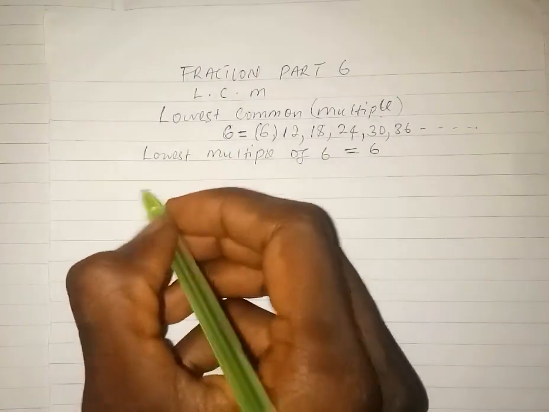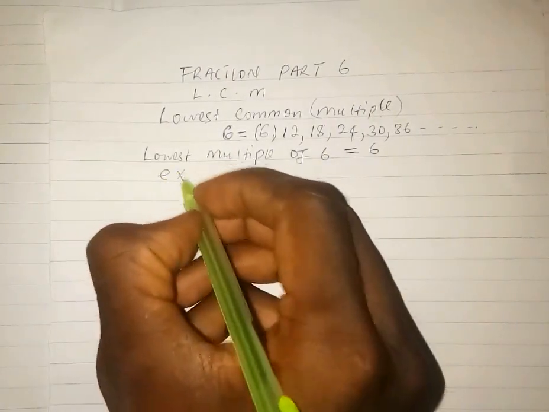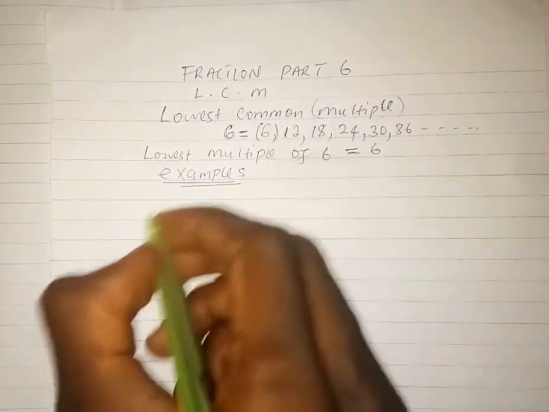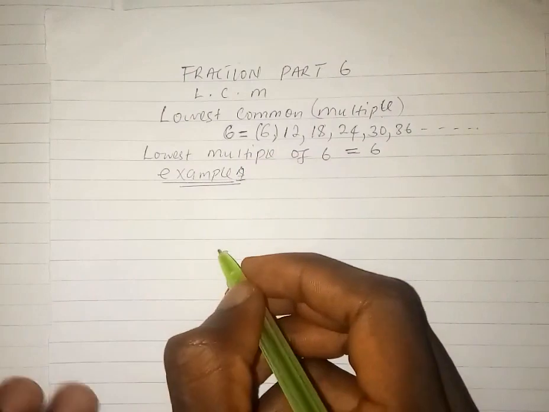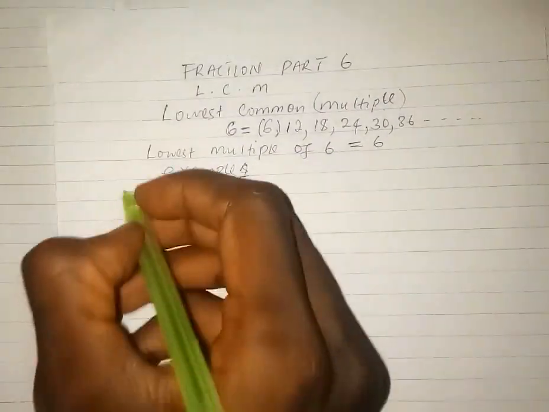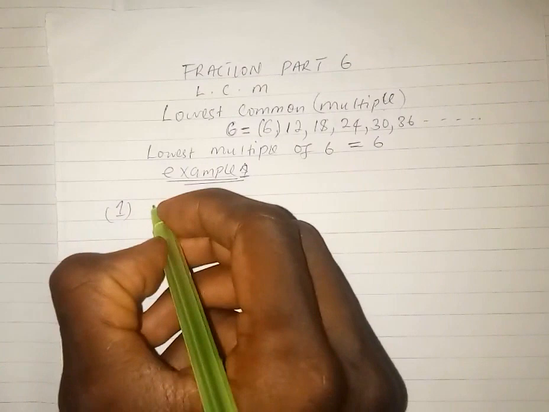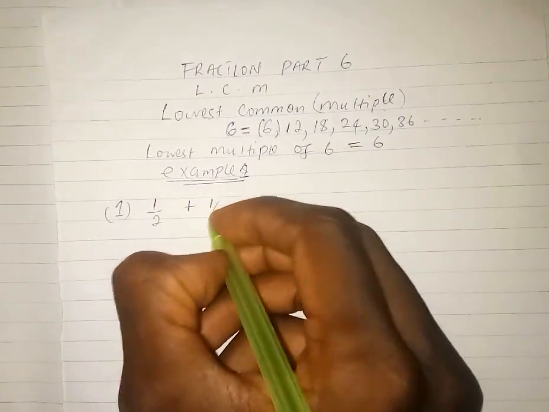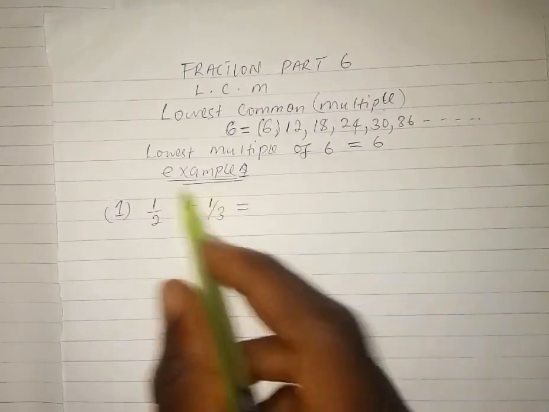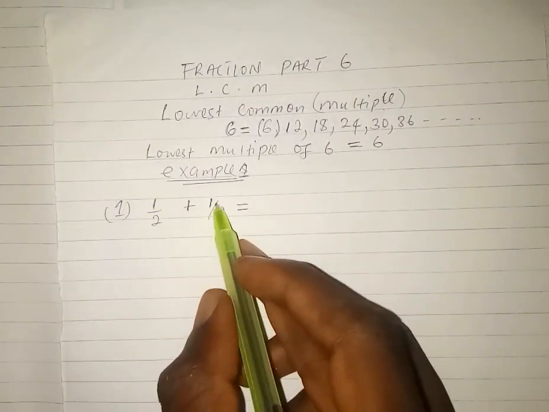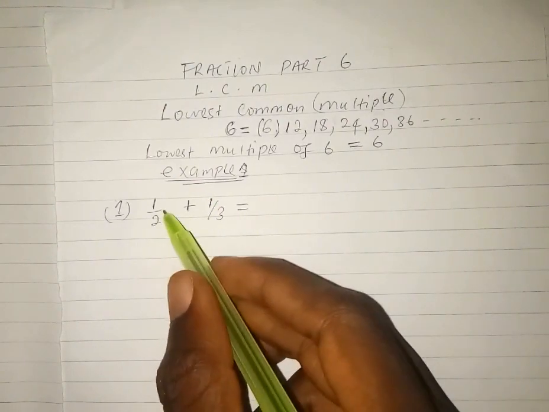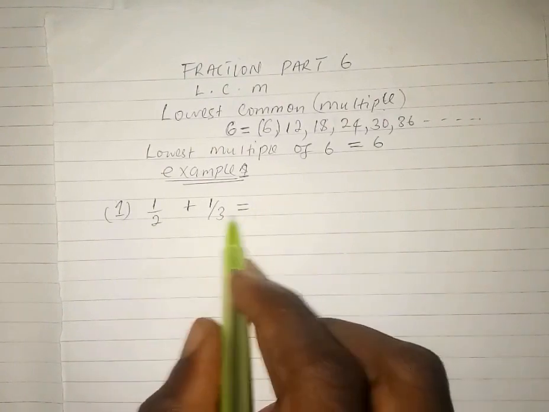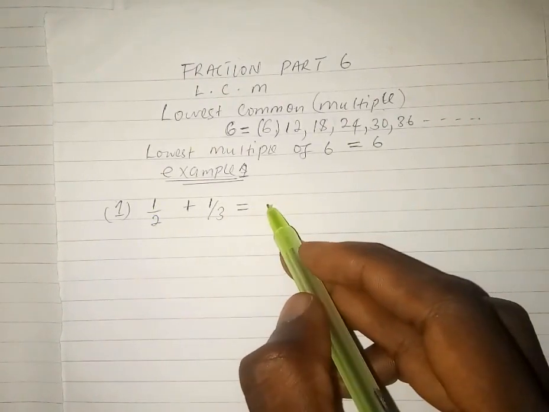So now let's do examples on LCM. Example 1. When you are given a question like this, 1/2 plus 1/3, you know 1/2 plus 1/3 is different from 1 plus 2, because 1 plus 2 is straightforward addition. You can just say 1 plus 2 is going to give you 3.